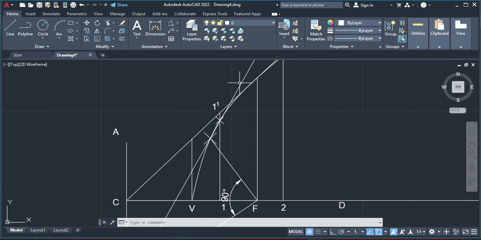So this line we now call a tangent. Okay, and the line perpendicular to the tangent will be the normal.